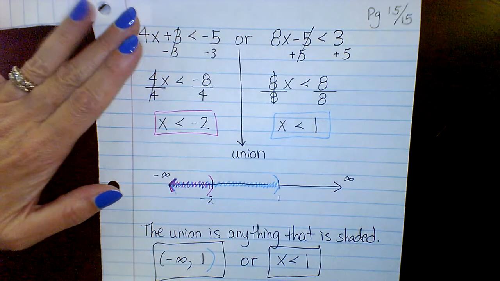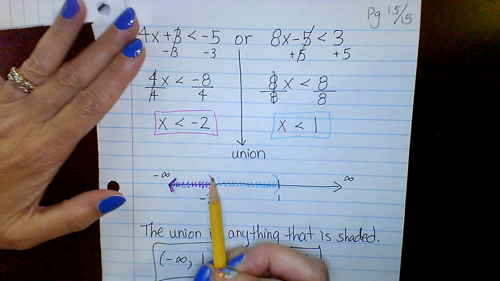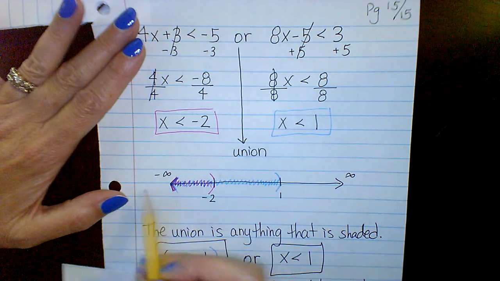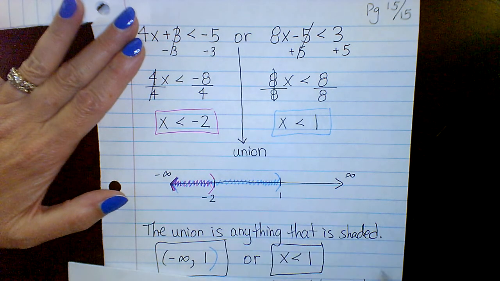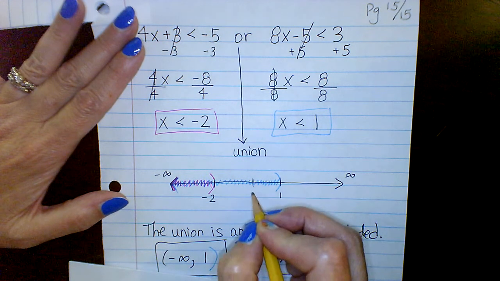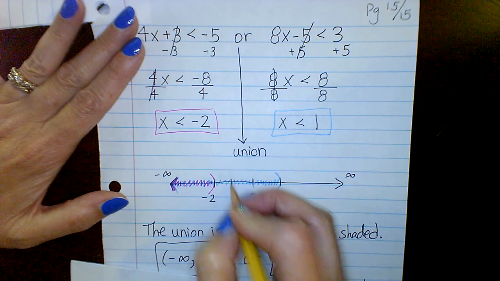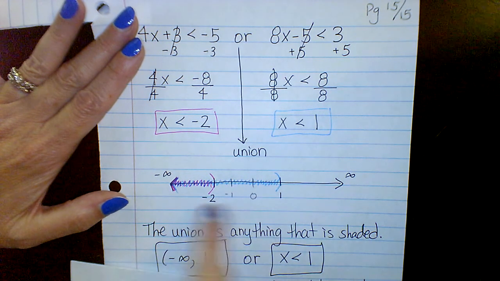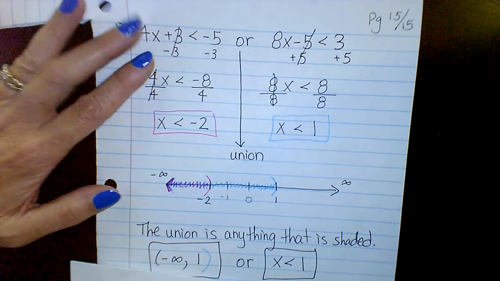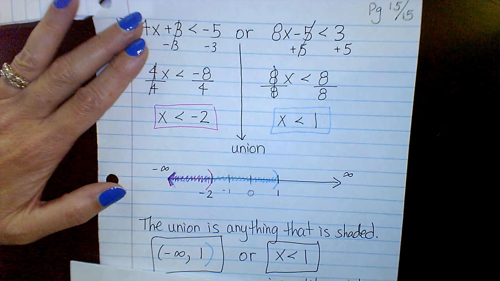So less than negative 2 is negative 2 to the left. Less than 1 is 1 to the left. Notice how these are going in numerical order. So like 0 would be right there, and that would be negative 1. So if you're just looking at this as a standard number line. Now the union's anything that's shaded in red or blue or both.